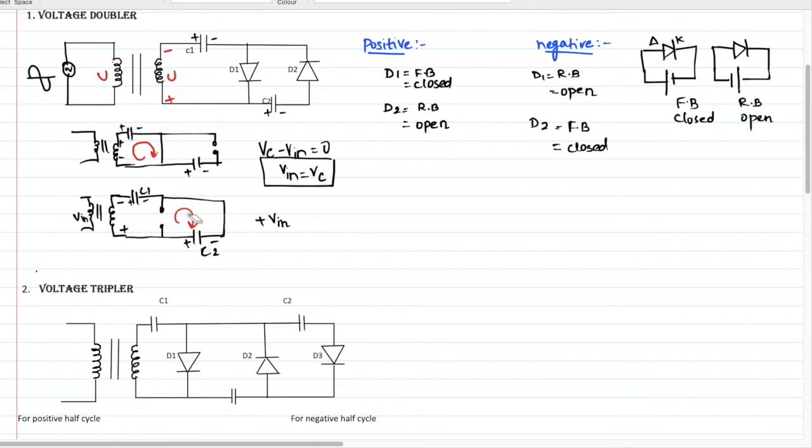Since this is a single circuit, I'll draw for the entire thing. Now plus Vc1 minus Vc2, because the current is going from minus to plus, equals 0.